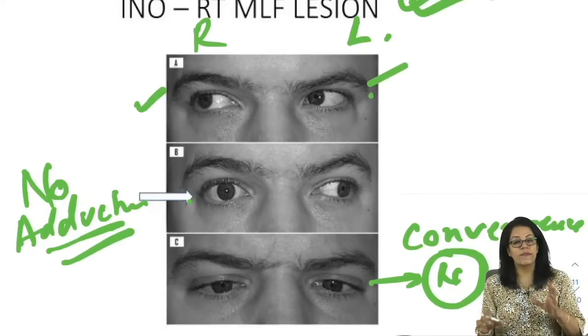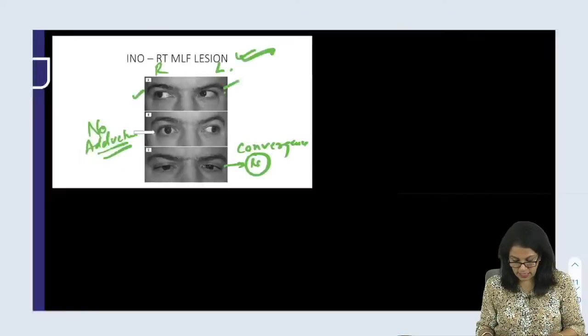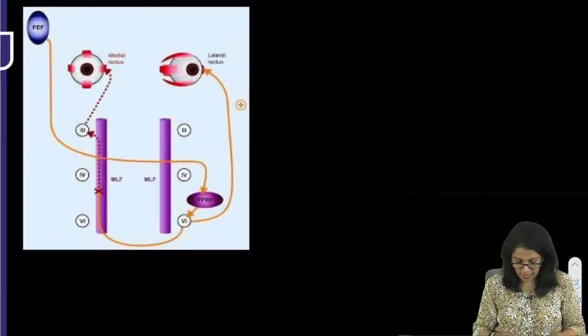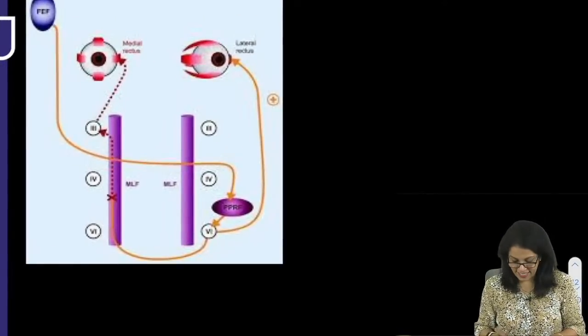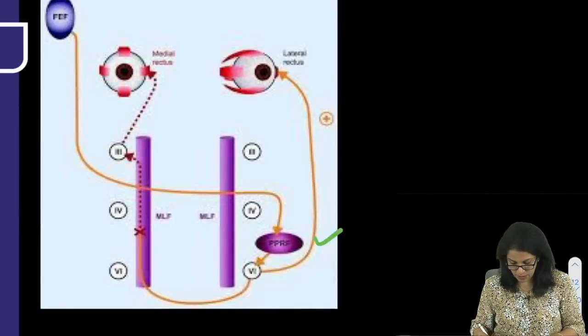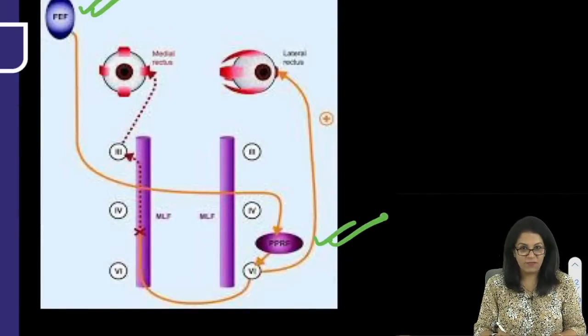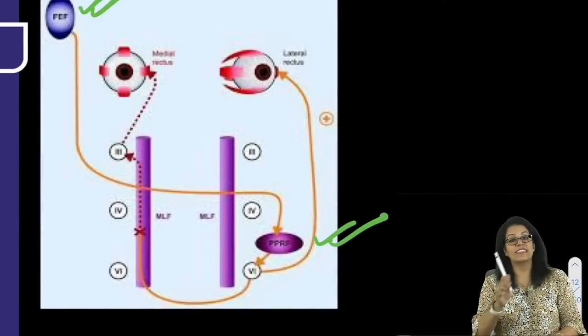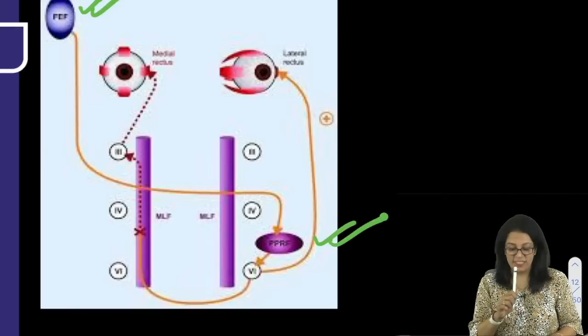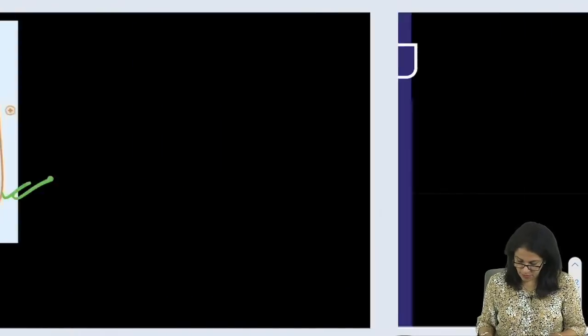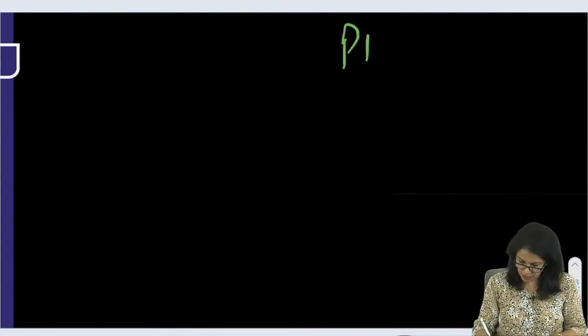Let's revise it very quickly here. When you say internuclear ophthalmoplegia, we have to remember our horizontal gaze center. So, horizontal gaze center is PPRF, managed by contralateral frontal eye field. I have discussed this in the earlier session in a lot of detail, you will listen to it again. So, from here what happens? Let me make my simple diagram, that will be easier for you all to learn. So, this is what we make.